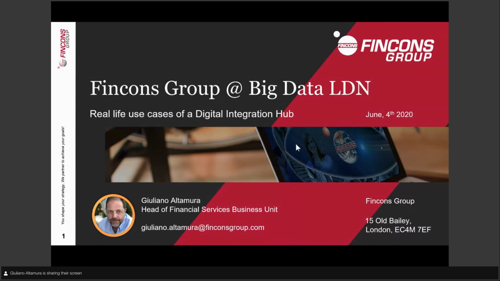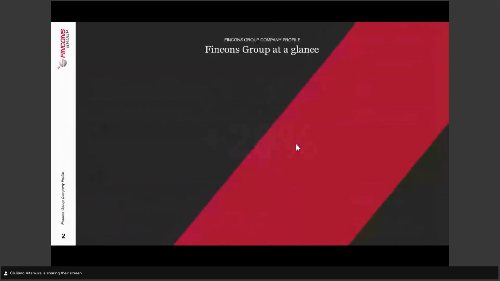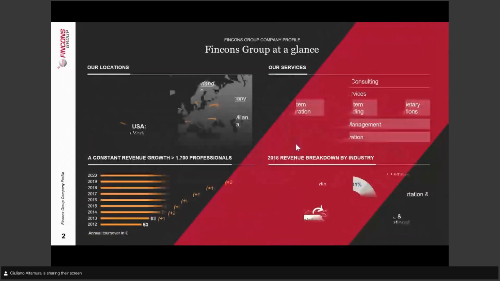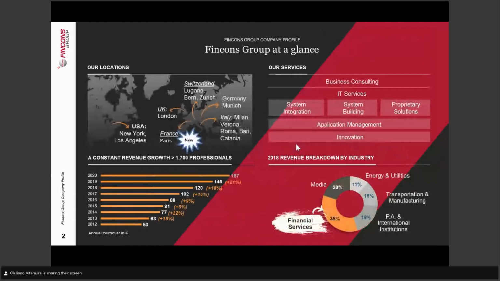Before starting, let me just spend 1 minute to tell you who Fincons is with this slide, where you can see that Fincons is a system integration company with 1,700 professionals active in 6 countries: Switzerland, Italy, UK, Germany, US, and lastly, France, where we opened our offices beginning this year.